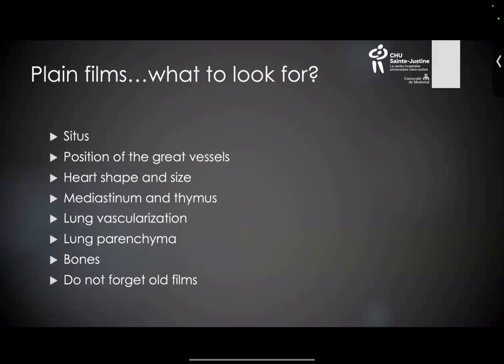Next, we will see how we can approach congenital heart disease on plain film. So what do we look for? The plain film is not the state-of-the-art evaluation of congenital heart disease, but sometimes you can have clues, or you can follow kids that are known elsewhere and you don't have any prior imaging, or they're already known for heart disease and they come to the emergency room for a cough or fever, and then you get the x-ray.